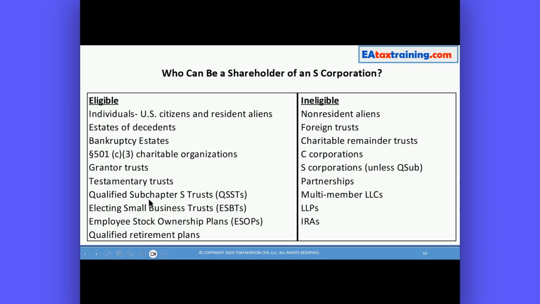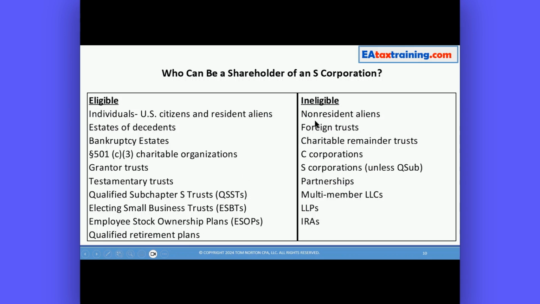And then there's two special kinds of trusts that we'll talk about a little bit more coming up. Qualified subchapter S trusts and electing small business trusts. Then ESOPs, employee stock ownership plans, can also be a shareholder in an S corp. And then qualified retirement plans.